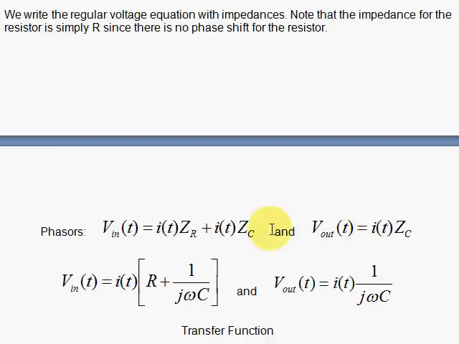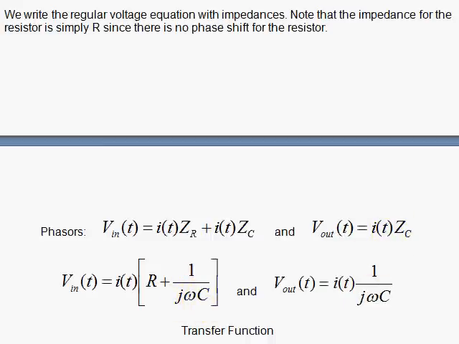And then for the output, we just tap off the capacitor. Notice that the currents are the same, so that when we do the ratio, we're going to have a cancellation effect. So the input is given by the current times the impedances. Here we sum them. The resistor is simply R, and the capacitor has 1 over j omega c.